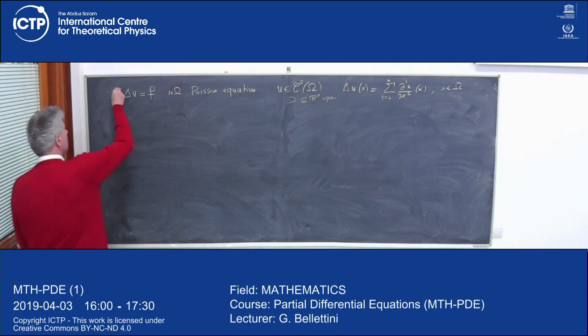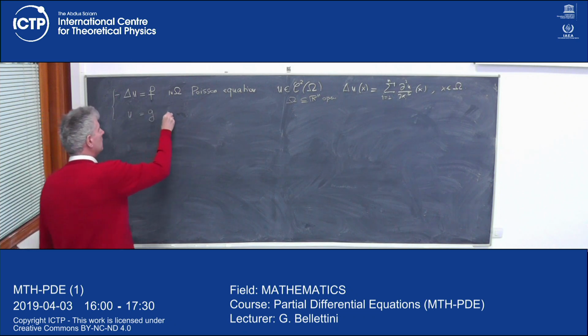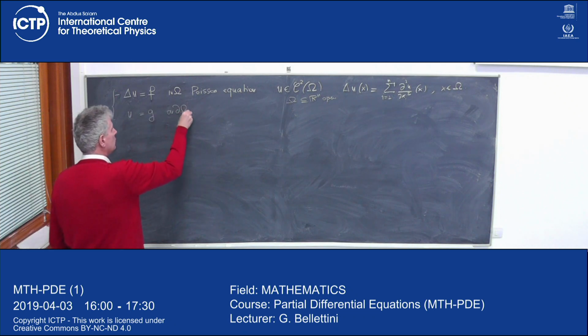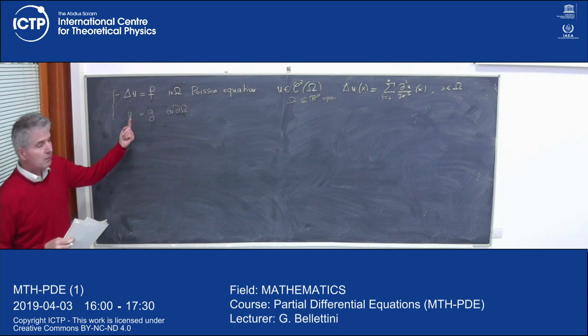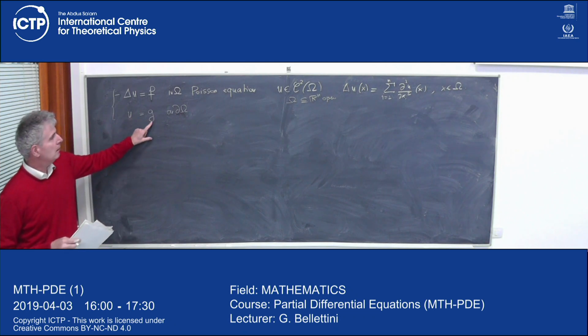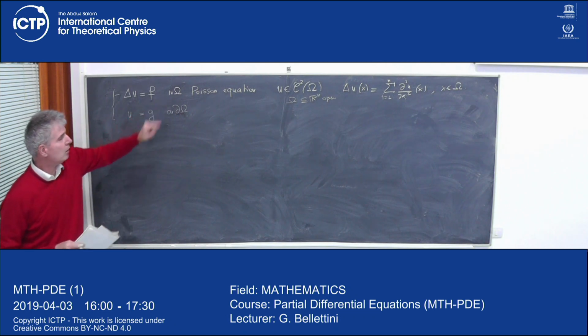Typically, one possibility is, say, given g with some regularity, given f, given omega.